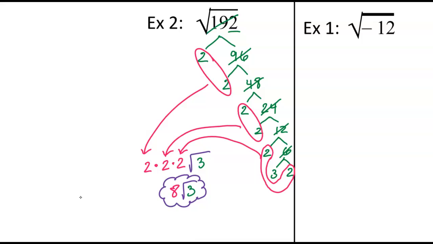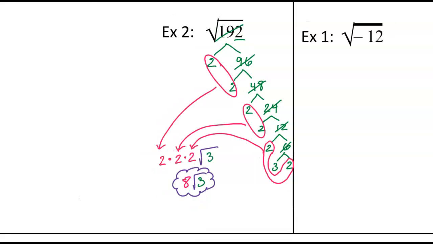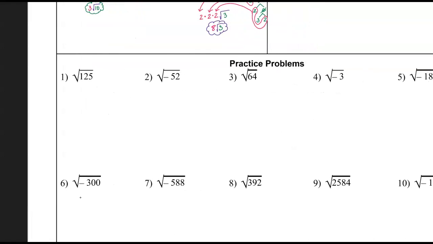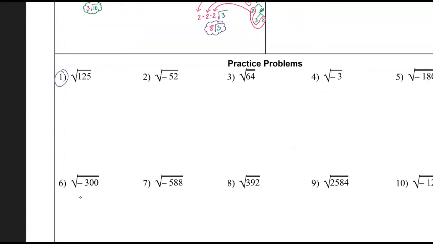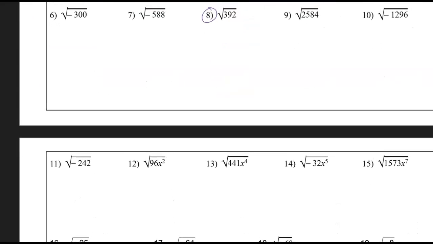Any questions on simplifying radicals? Do you remember doing this in geometry? No. Ava nodded. I saw the nod. It's okay. So your homework for simplifying radicals is just 1, 3, 8, and 12.